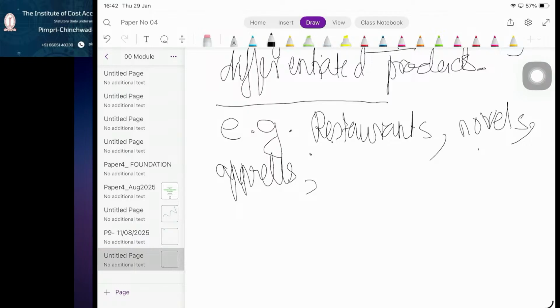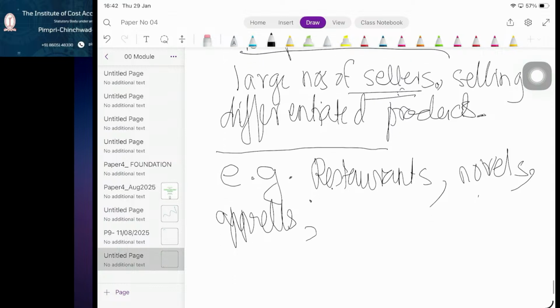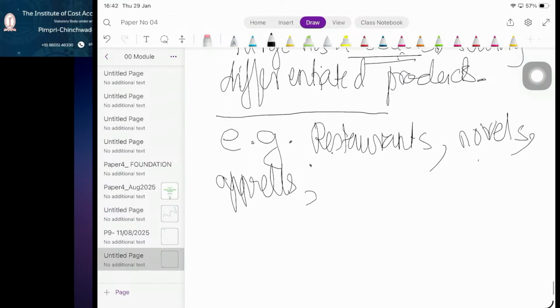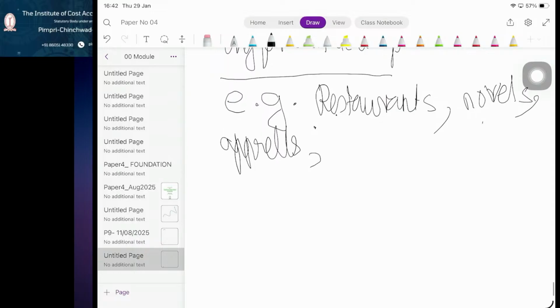You can buy the same sweet from any of them, but each seller is offering you a unique combination of taste and cleanliness. That is called monopolistic competition. Did you all get this?